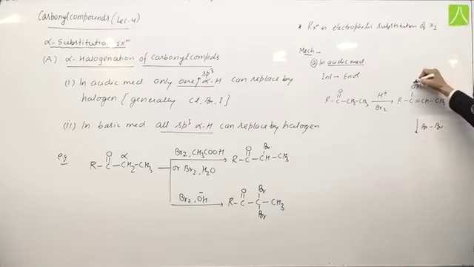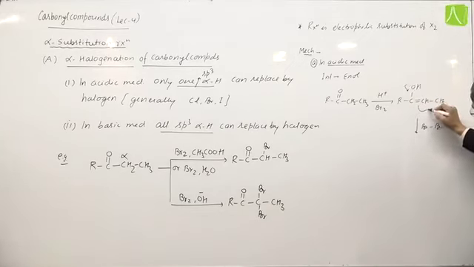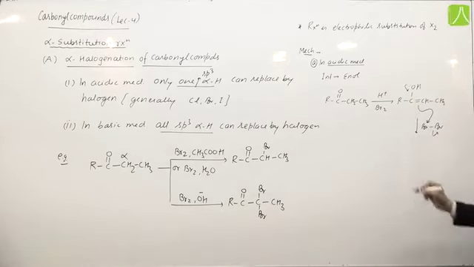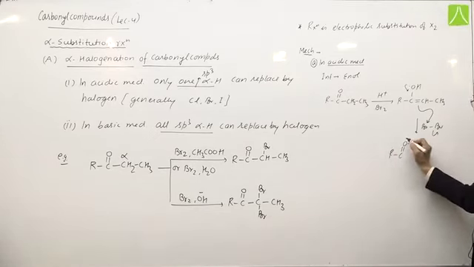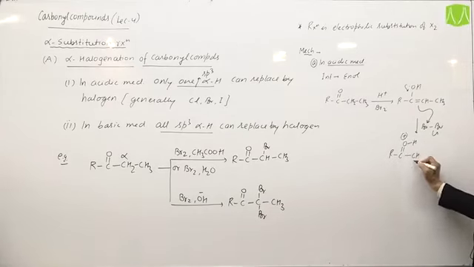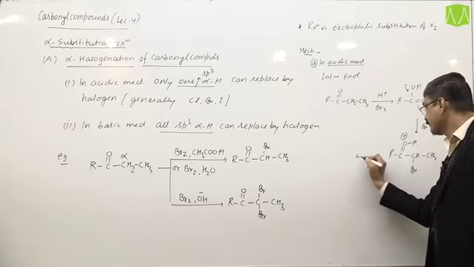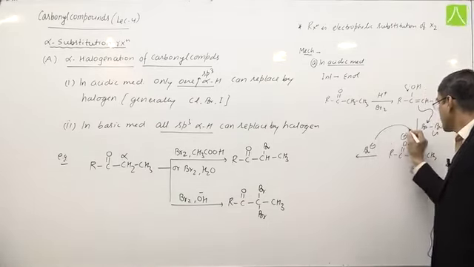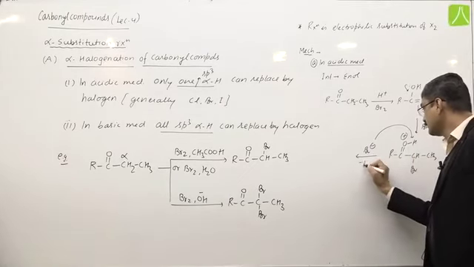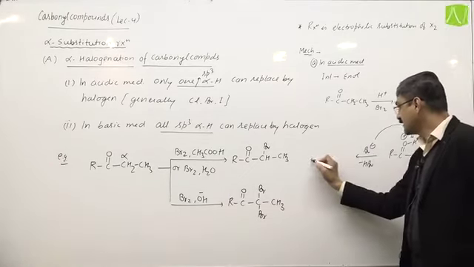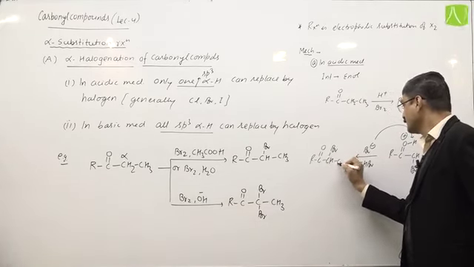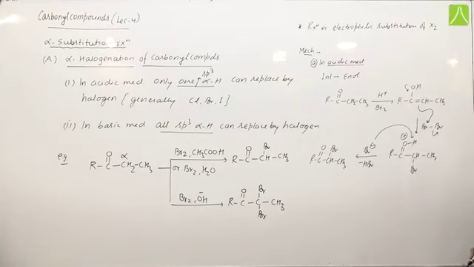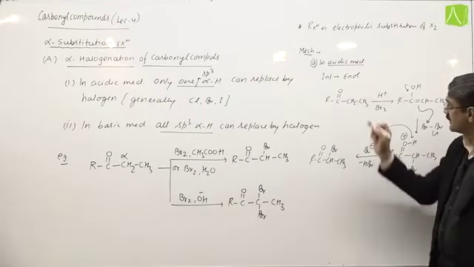Now this enol reacts with the bromine as an electrophilic reaction. And this Br minus takes away this hydrogen. So after removal of HBr, one hydrogen is replaced. This is in acidic medium.